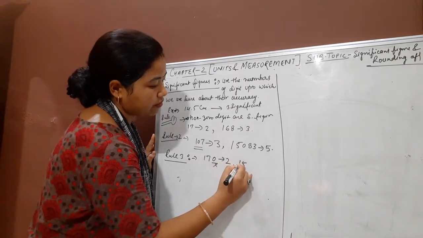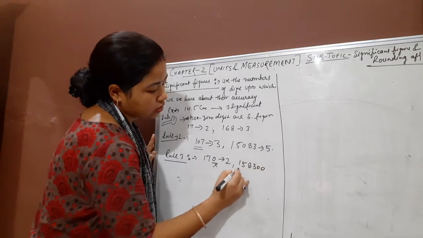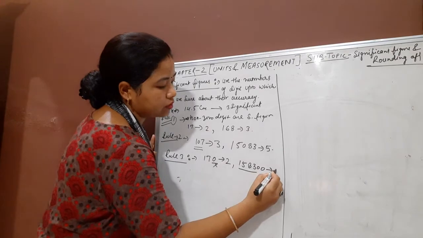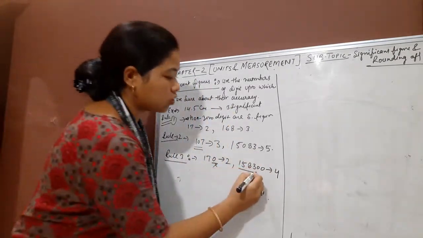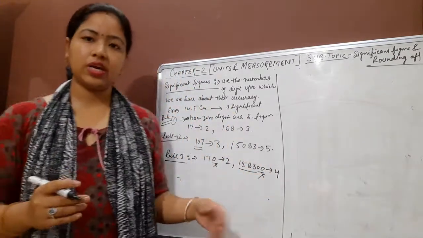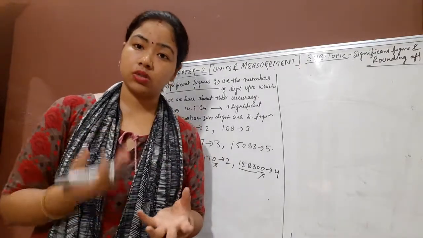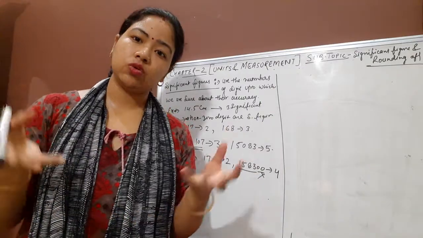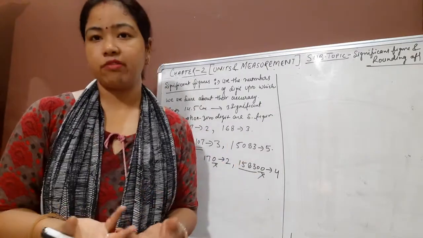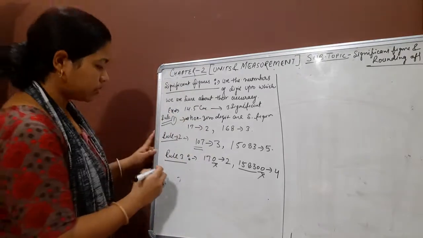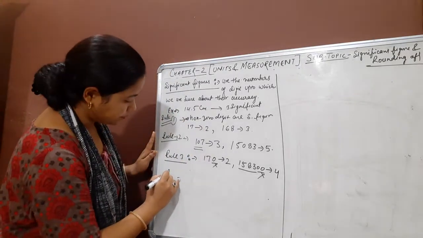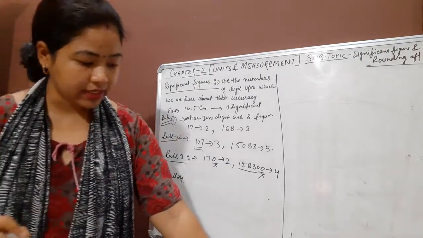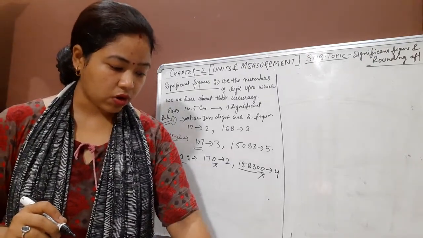Likewise, if you have 5800, when we count the significant figures in the given digit, there are only 4 significant figures? No, only the non-zero digits count, and these two zeros will not be counted as significant figures. That means after all non-zero digits, the zeros are not counted. If zeros are in between the non-zero digits, they will be counted, right? So this is rule number 3. Now the next rule says that all zeros to the right side of the decimal place and to the left side of the non-zero digits are not significant figures.